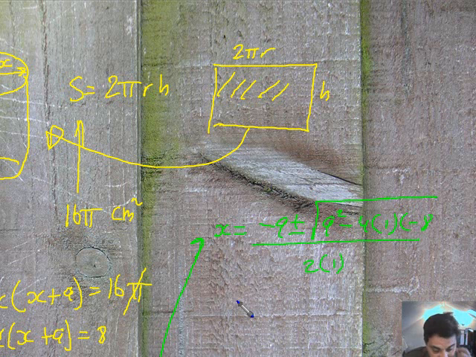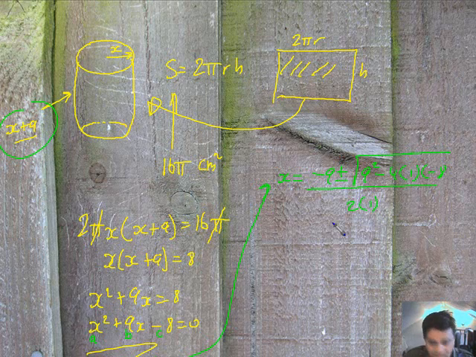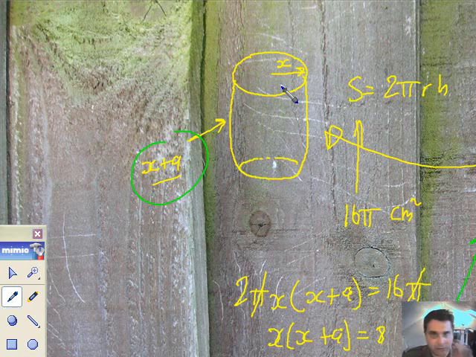Now this will give you two answers. If you work both parts out, I'm going to get x equals 0.82 centimeters, and another answer will be x equals minus 9.82 centimeters. Now clearly we can't have a negative length to represent the radius of a cylinder.